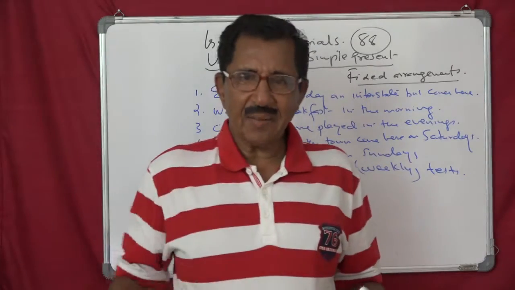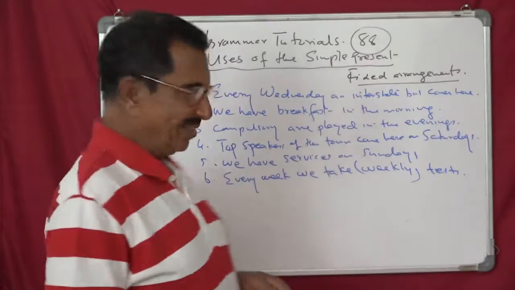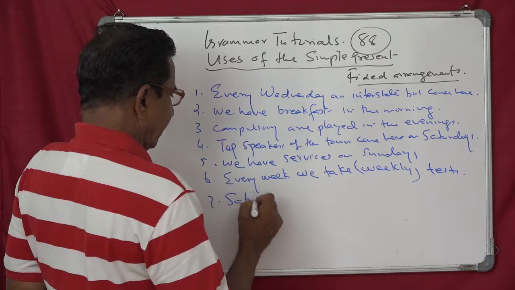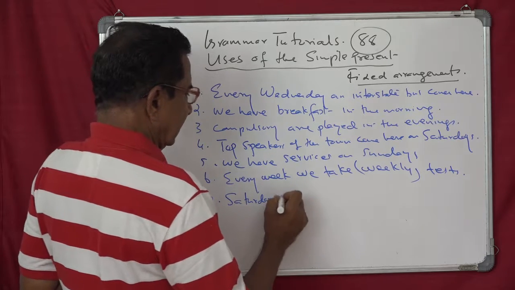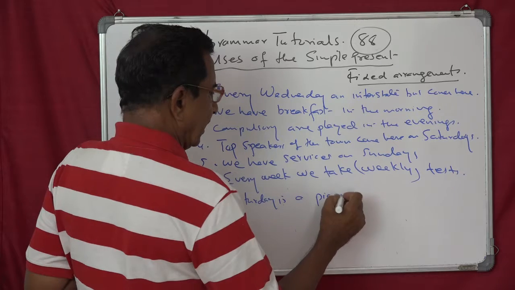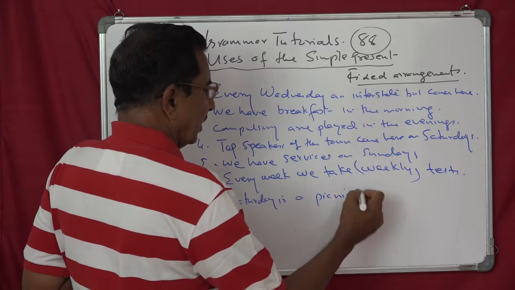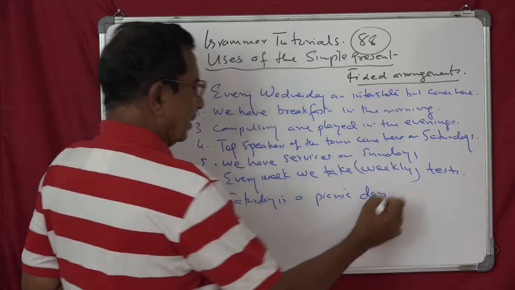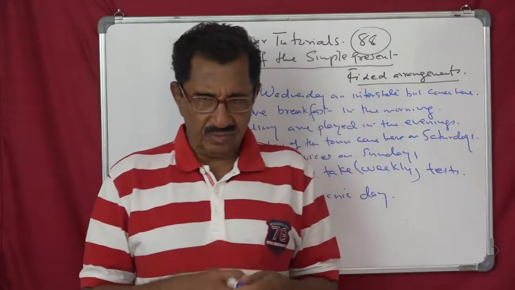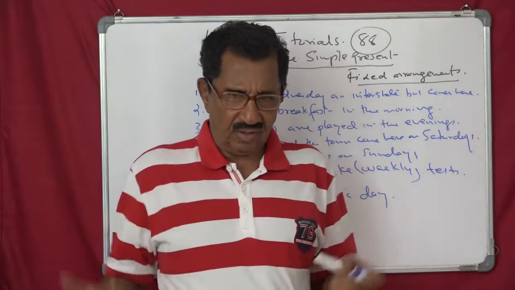Or Saturday is a picnic day. We will go out on a picnic. Saturday is a picnic day for us, isn't it? So we can go out. We are in the hostel, we are tired, and so we can go.